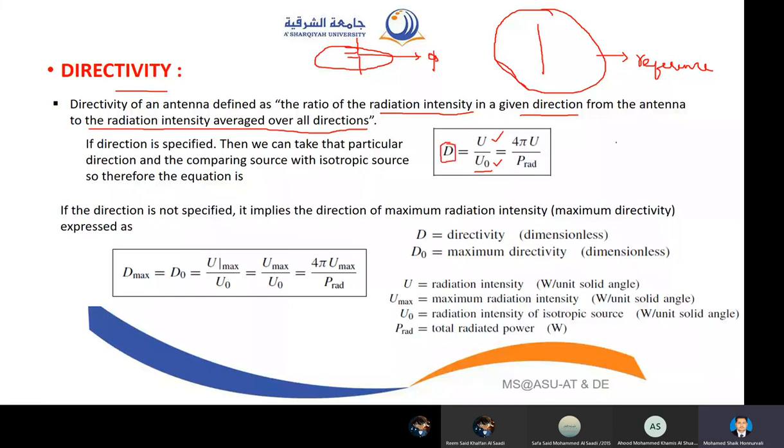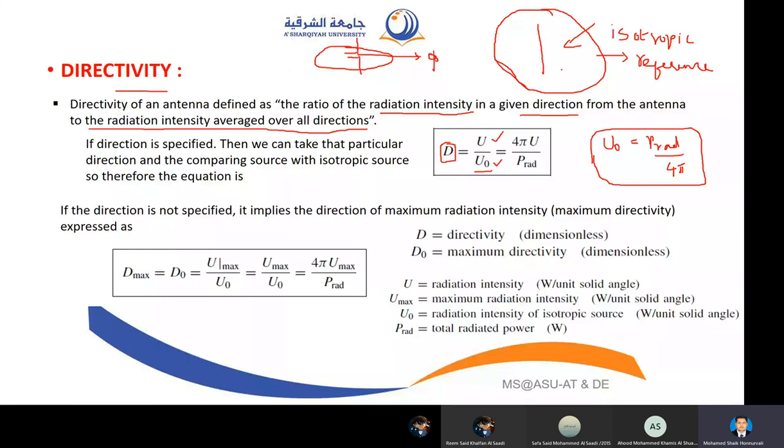U naught can be written as the total power radiated divided by 4 pi. This is the formula for the radiation intensity of an isotropic antenna. Four pi is the circle. So U naught equals total power radiated by 4 pi. This will give you the radiation intensity of an isotropic antenna.